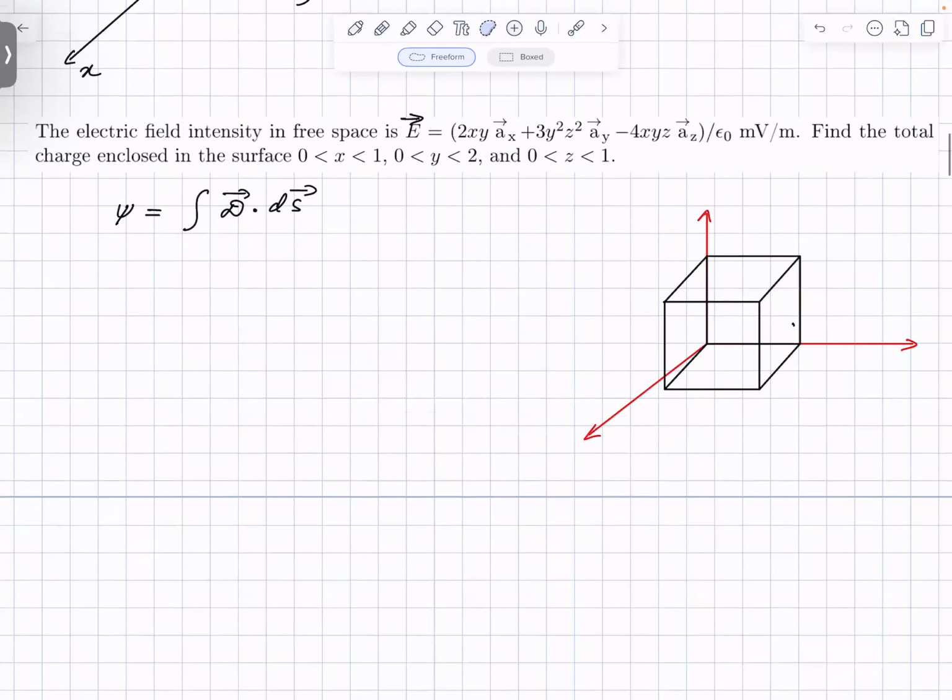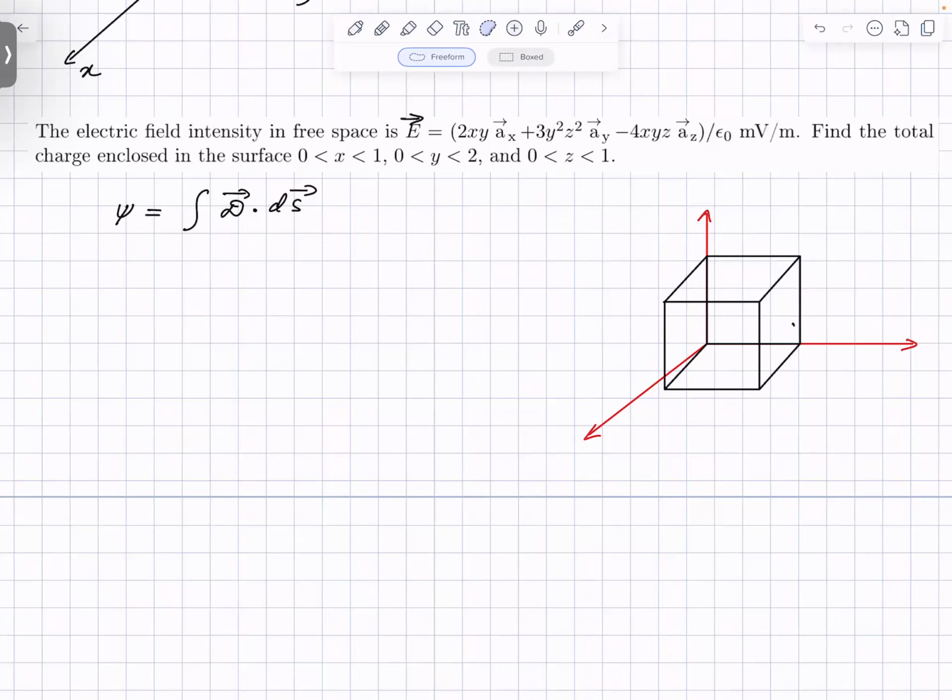Maybe something like that. So we have a closed box, and the electric field intensity in this free space is given. We know the exact expression, and what we want to find out is the total charge enclosed in this surface, or inside this box. How much charge is stored in there if the electric field intensity is given by that expression, is what this question is asking.